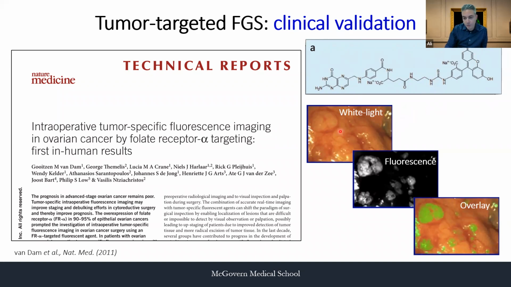What the surgeons were able to see with white light could then be augmented by a fluorescence signal. The really cool part is that with these overlays, in addition to seeing the lesions that are more obvious to the unskilled eye, such as myself, you can also find very small lesions that might be tougher to see with the eye alone. So this was really a huge step forward.